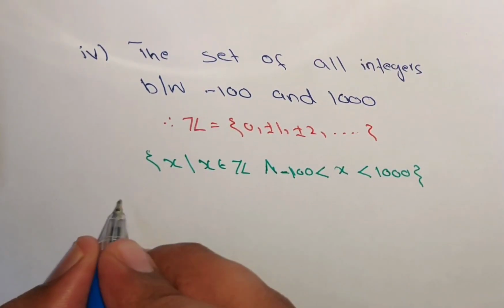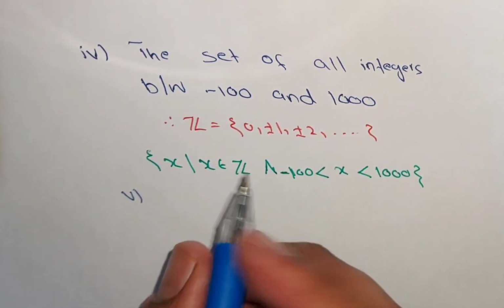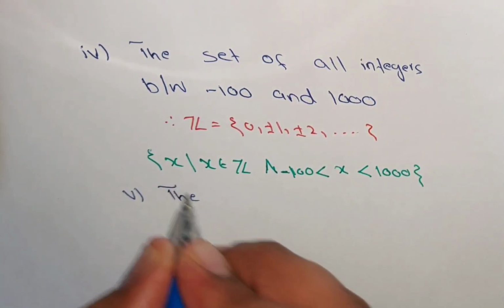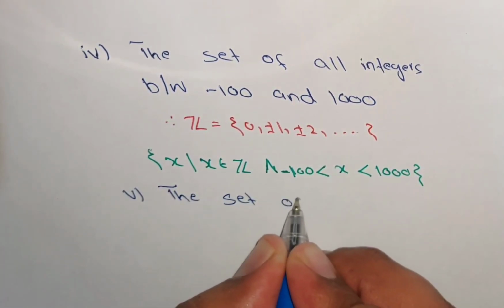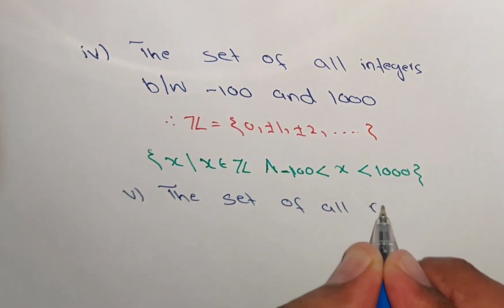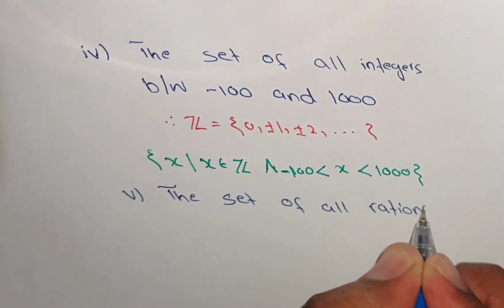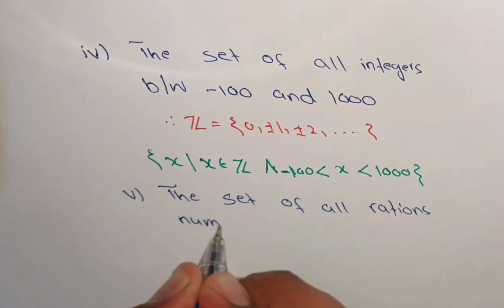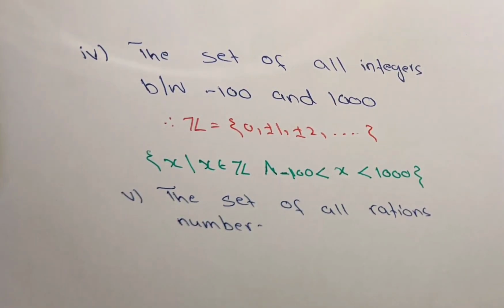Now we have another example, example number 5. It says: write the set of all rational numbers in set builder form.